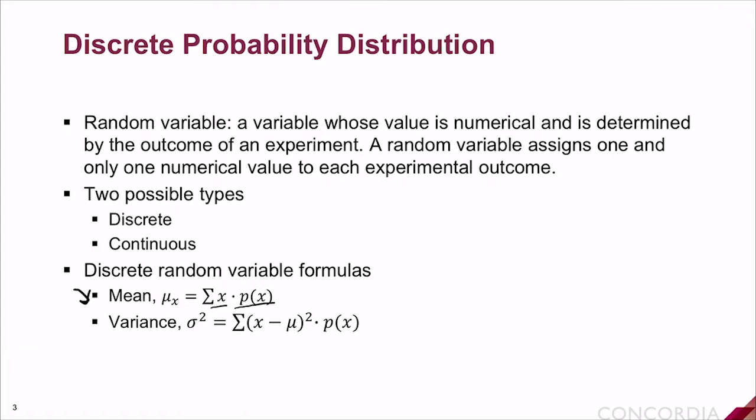The next formula we have is the variance formula, which can be found by adding up the difference between the x value and the average, squaring that answer and multiplying it by the probability of that outcome, and adding up all those values together.